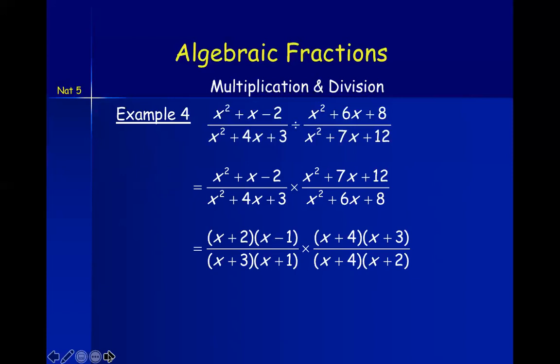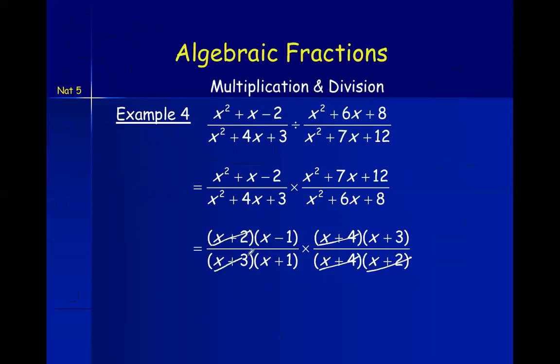And now, because I've got that, times this, times this, times this, I can start simplifying. X plus 4, x plus 4, go. X plus 2, x plus 2, go.